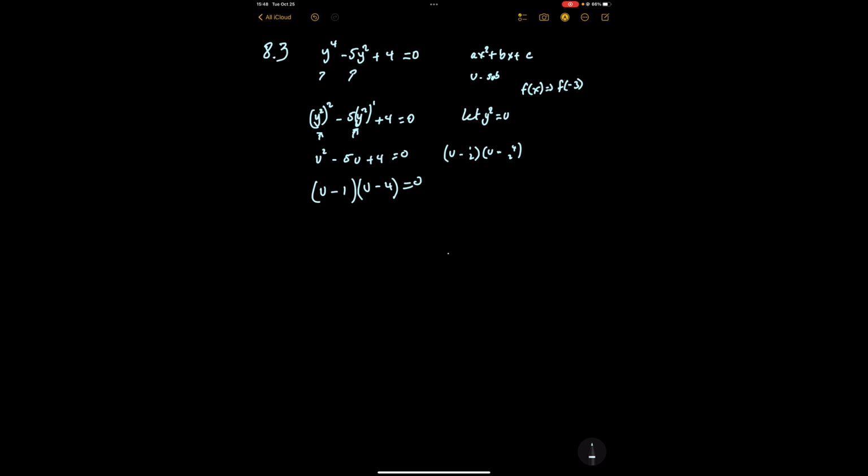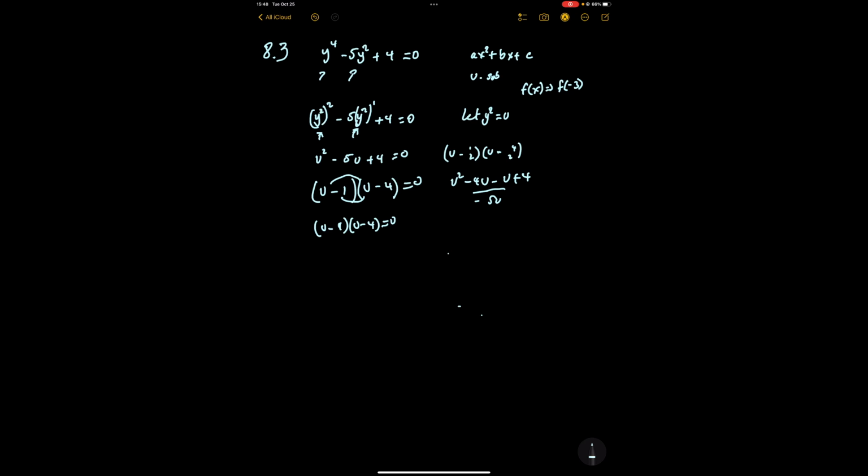Would that be right? Well, u times u is equal to u squared. U times negative 4 is equal to negative 4u. Negative 1 times u is equal to negative u, and plus 4, and that equals 5u. So therefore, u minus 1 times u minus 4 equal to 0 is what we're going to do.